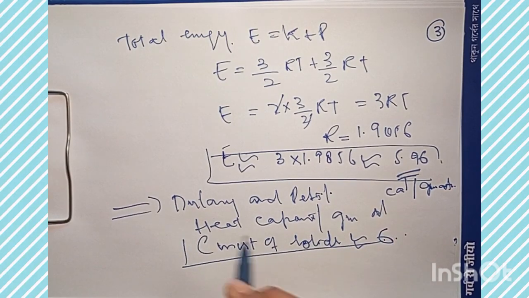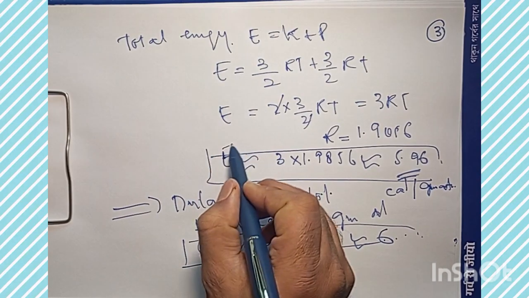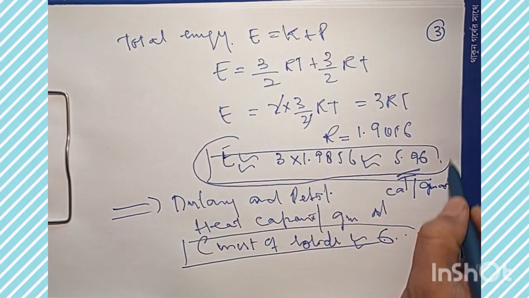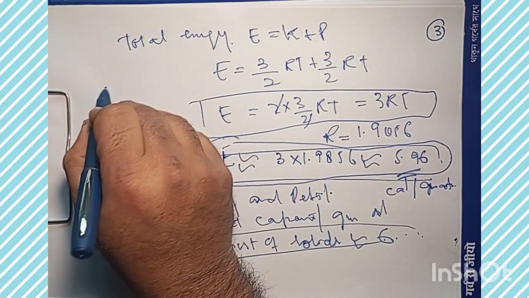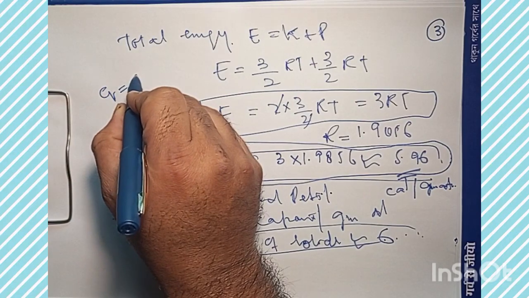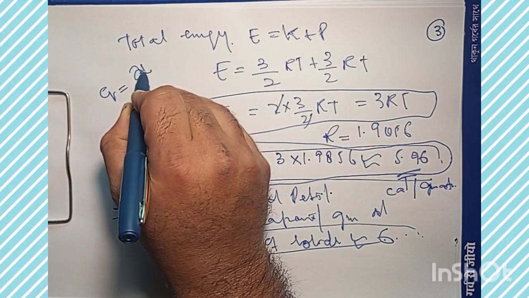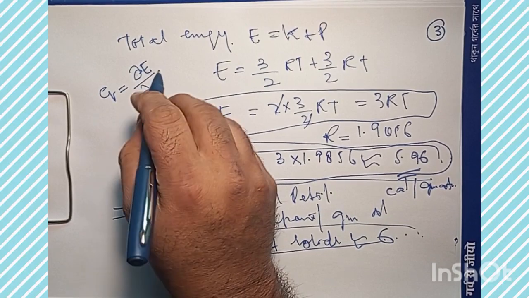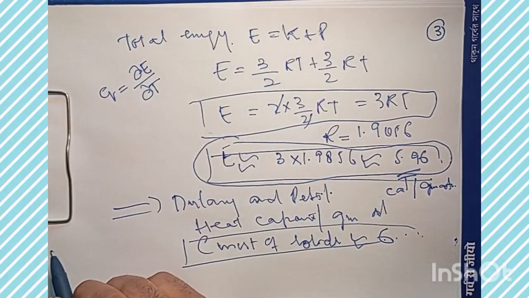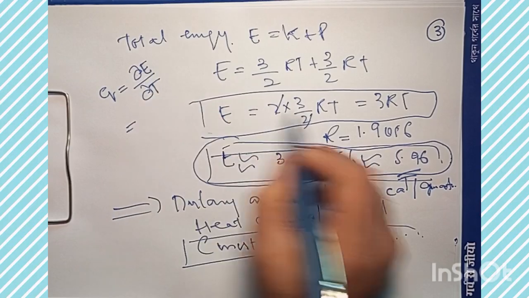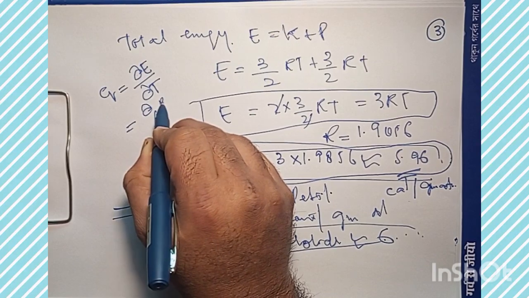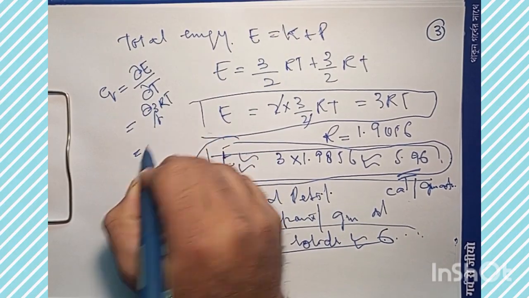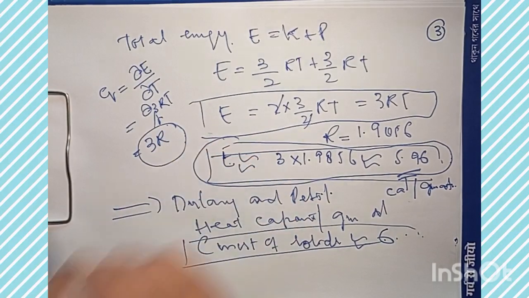And if I have to define this specific heat with respect to this equation, the specific heat at constant volume can be defined as the derivative of the total energy with respect to temperature. So taking E as 3RT, what we will have is 3R.